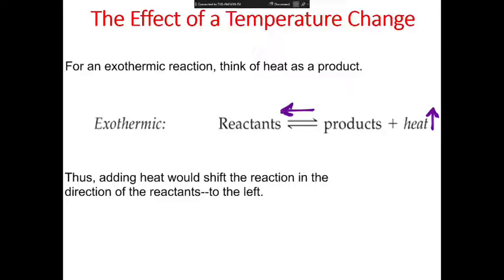It's really because it changes the value of capital K, the equilibrium constant. But if you just have to predict whether it's more reactants or products, you can just put an up arrow next to your product heat because it's exothermic. And remember that the reaction always goes away from any increases. That way it would use up some of that heat that was added as it goes backwards and makes the reactants.